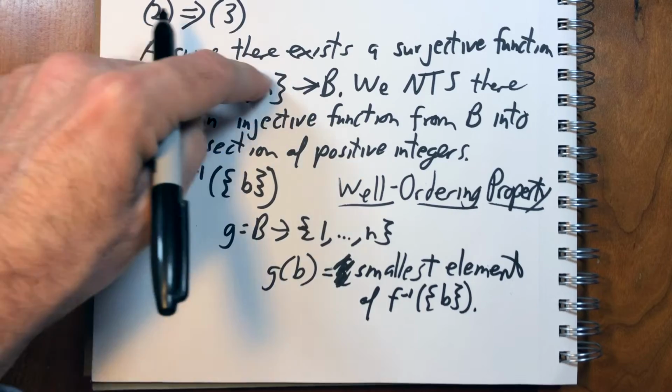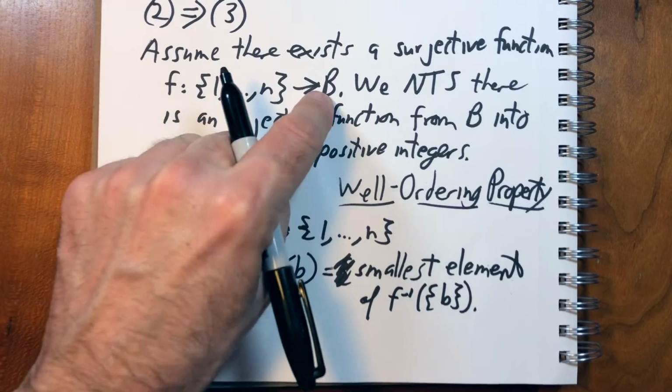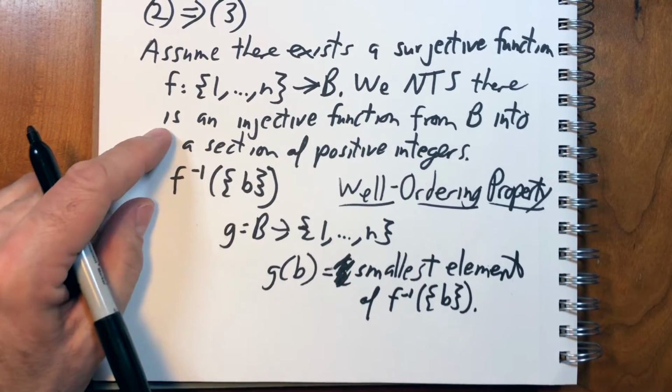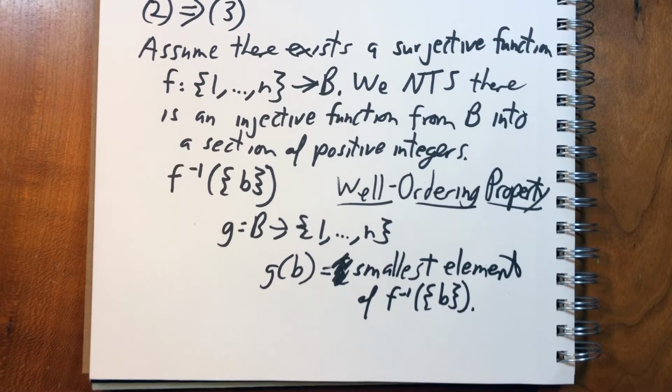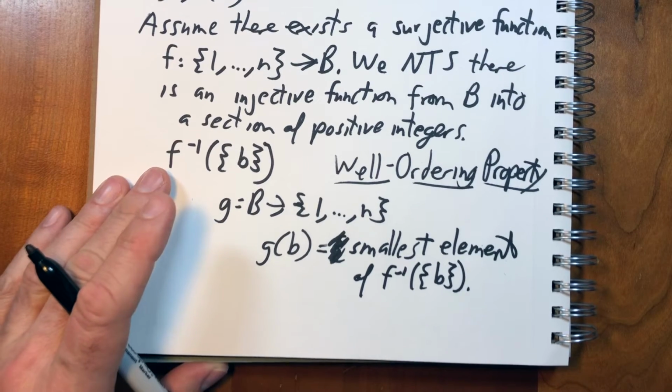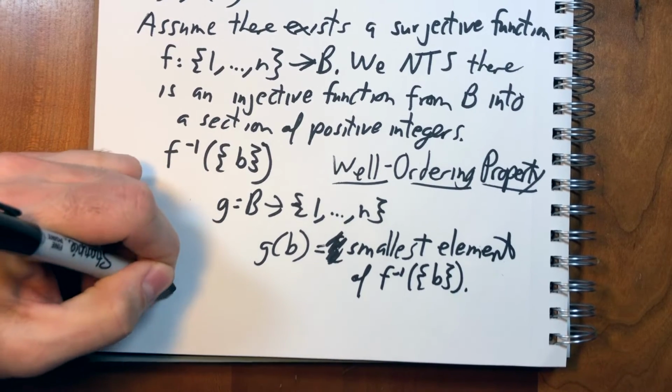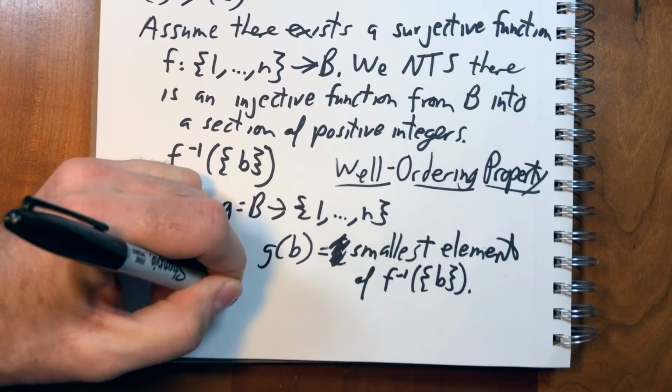We know that at least one number goes into every element of b. That's what surjective means. So we know that this is defined. And from the well-ordering property, because each subset of natural numbers has a unique smallest element, we know that this is well-defined.